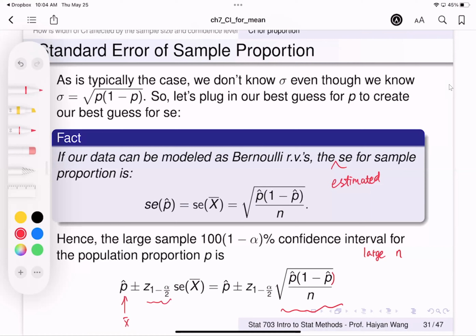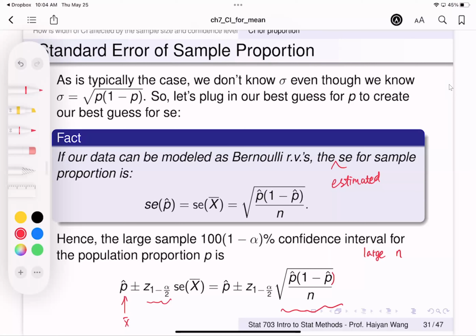So generally, how large do we want n to be to use this formula? 1,000 is a good number to consider. When it's more than 1,000, we could use this one. But if it's less than that, sometimes people use an adjusted formula rather than this one. The adjusted formula involves adjusting the p hat and also adjusting the estimate of the standard error.